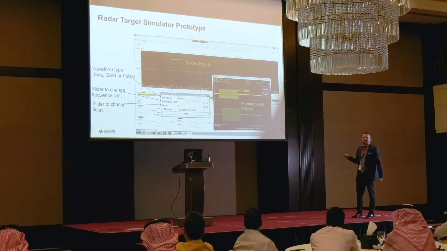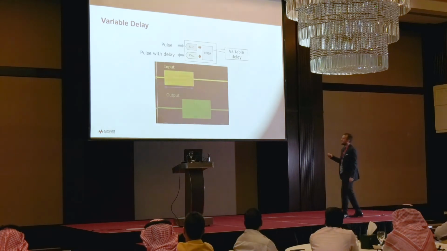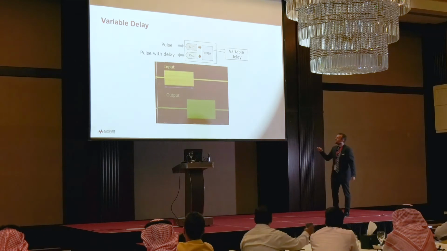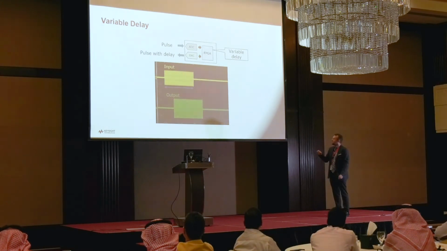We also have some simple jamming simulation capabilities there. This is the function of receiving a pulse, and we can see that pulse here in yellow, and within the FPGA we are delaying the generation of a new pulse.